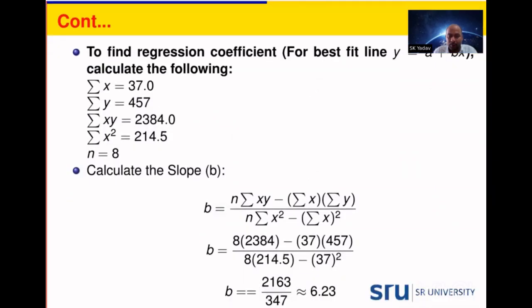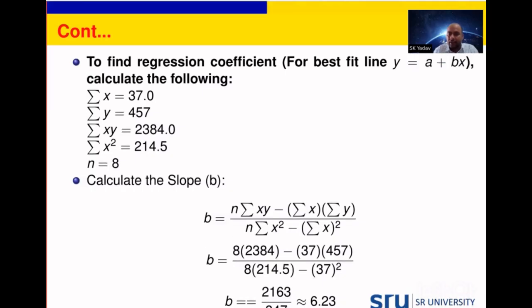And here is something new that you should keep in mind. I have to fit y equal to a plus bx. For that, I need to compute the normal equations and then solve the normal equations to get a and b.